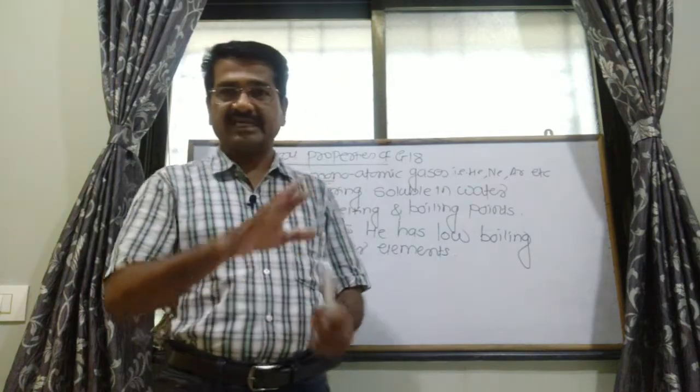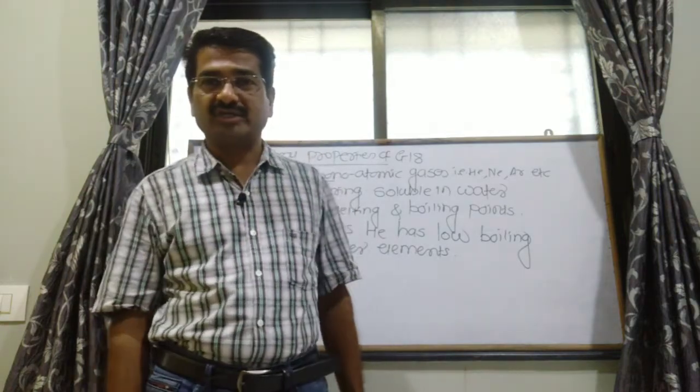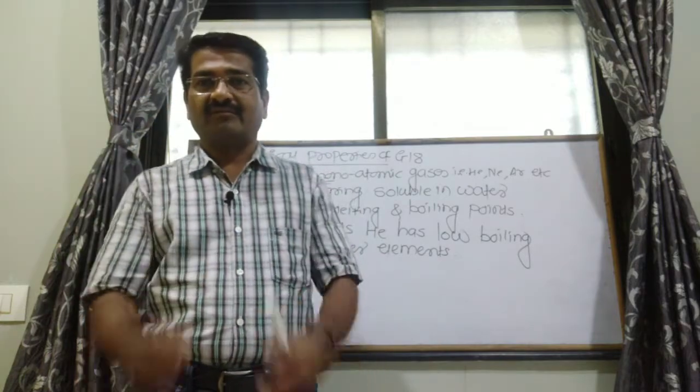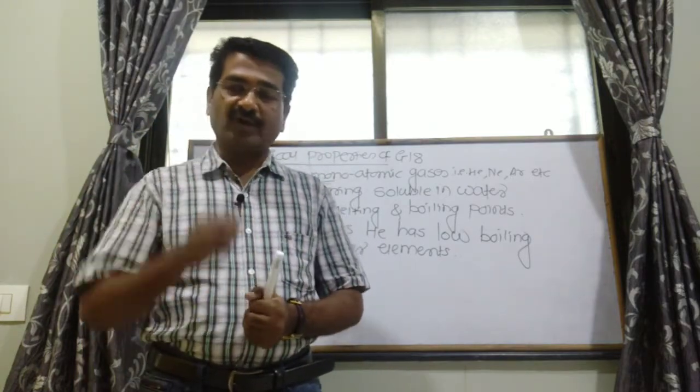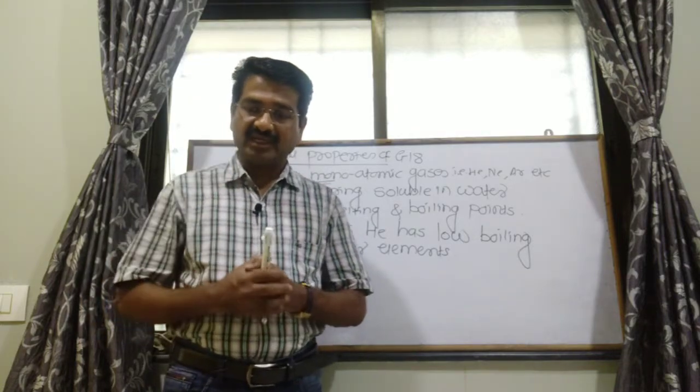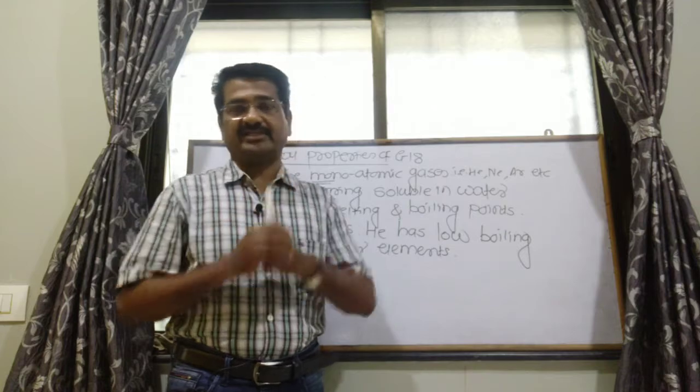In Group 18, helium, neon, argon, krypton, xenon, radon, all these elements are placed. By comparing them, we get the very lowest boiling point for helium. Means what? Helium possesses a very low boiling point.